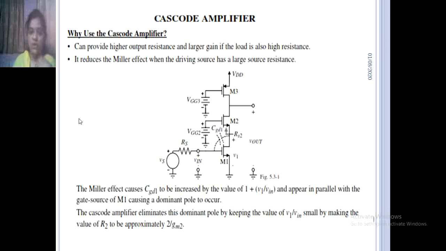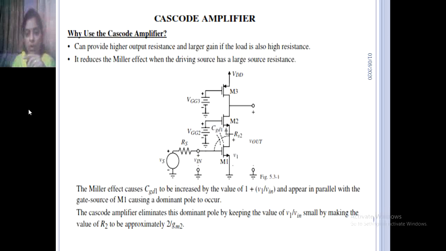The figure shows a cascaded amplifier. Cascaded means a number of amplifiers are connected in series. For the first amplifier the input is given, and whatever output is produced by the first amplifier is given to the next amplifier.